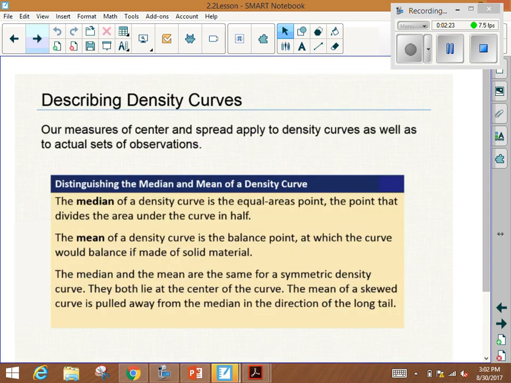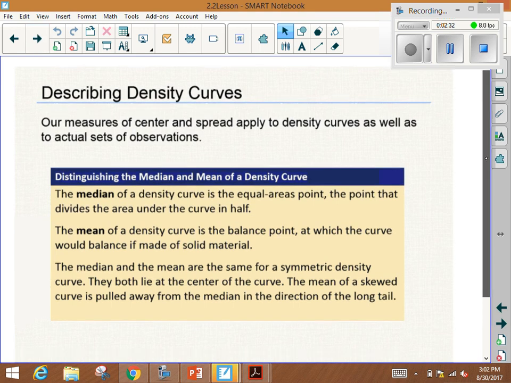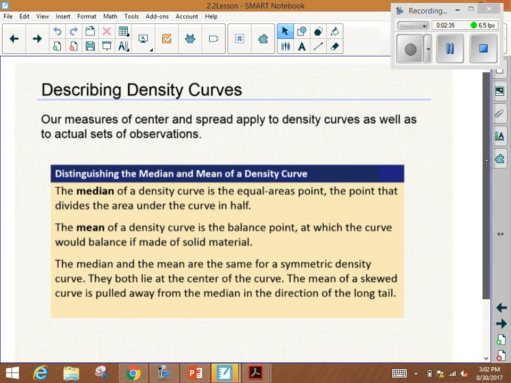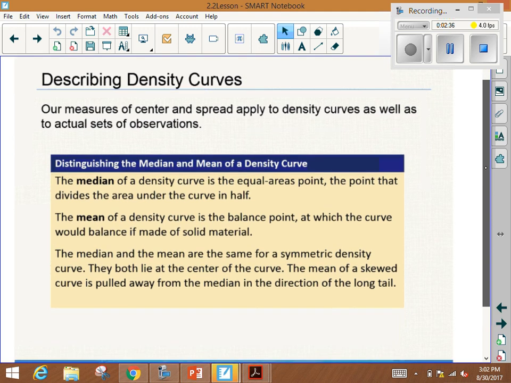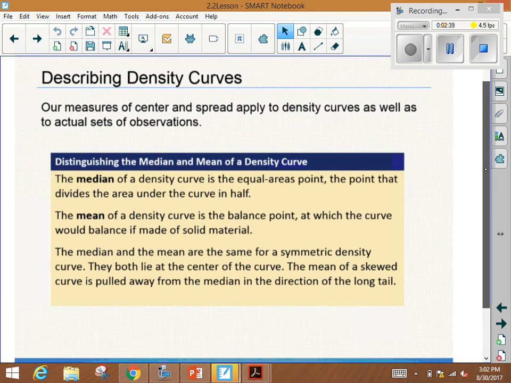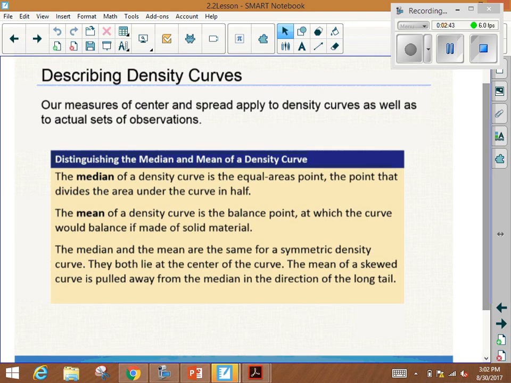All right, when we're going to describe these density curves, we're going to apply measures of center and spread. All right, so we'll be able to look at the median, the mean. We'll look at standard deviation, interquartile range. All of these values apply to density curves as well.